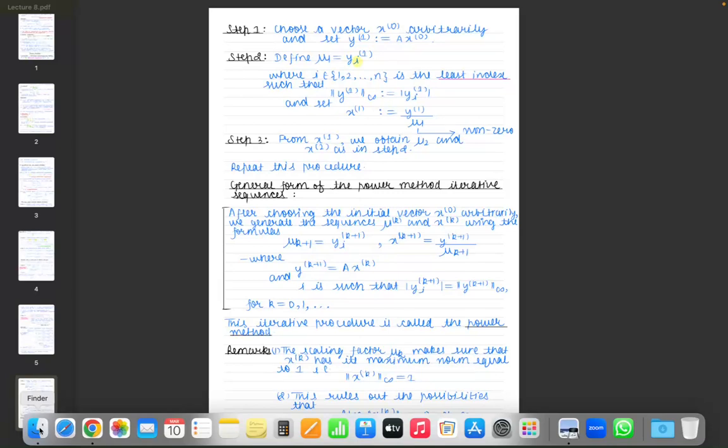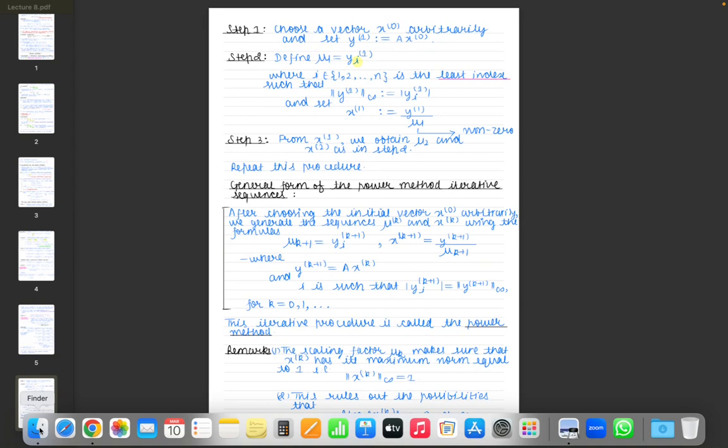So as we have seen already in the key idea, we need to have two sequences, one which will converge to the dominant eigenvalue and second which will converge to the eigenvector corresponding to the dominant eigenvalue. So after choosing the initial vector x naught arbitrarily, we generate the sequences mu k and x^k using these formulas.